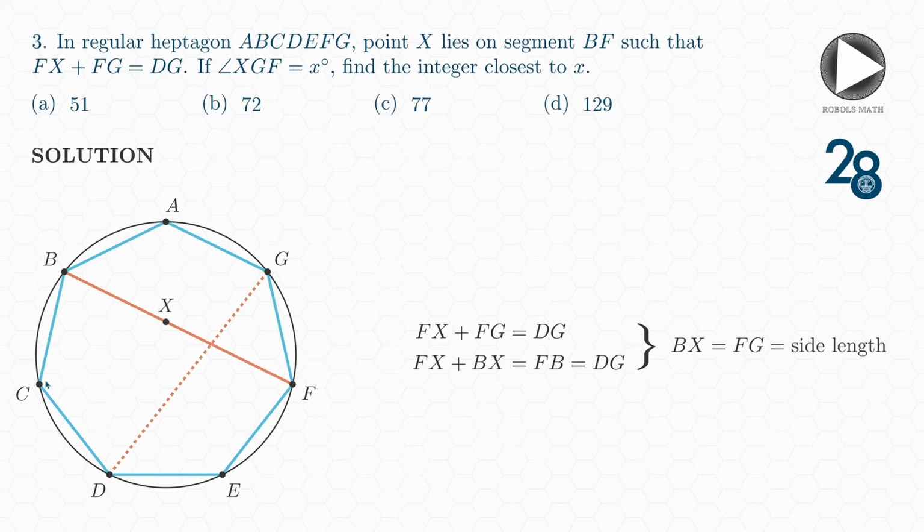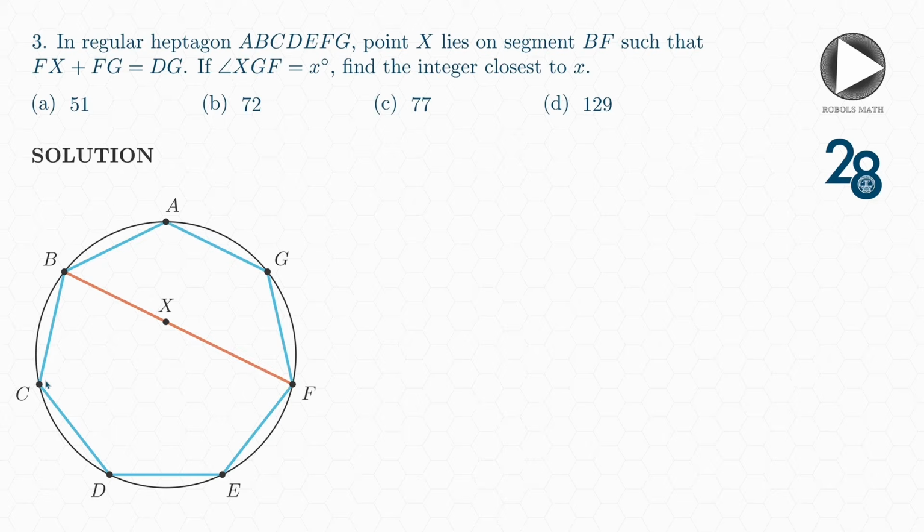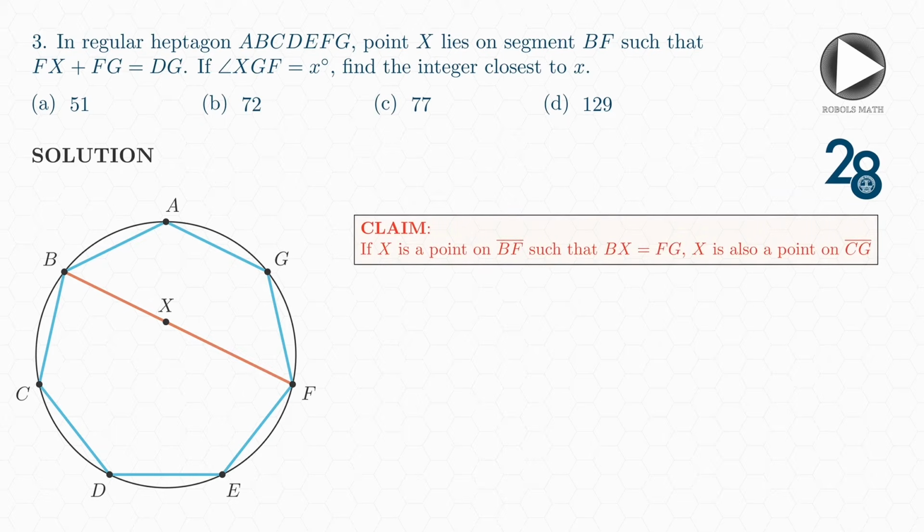So let's make a claim that if X is a point on this line such that BX is equal to the side length of the heptagon, it must be true that X is also a point on this diagonal CG right here.